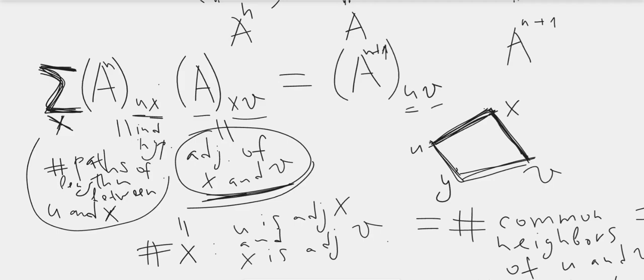So now our picture should be like this. We have the vertices u and v.